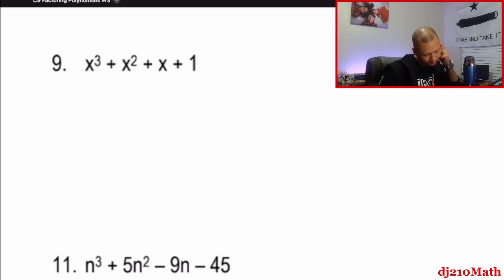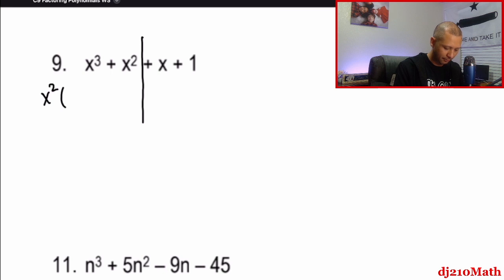Okay, number 9. So we have 4 terms. So this is going to be factor by grouping. So you always want to split it right down the middle in front of the symbol. So we're looking at the left 2 terms. So x squared can be taken out, and left behind is x plus 1.